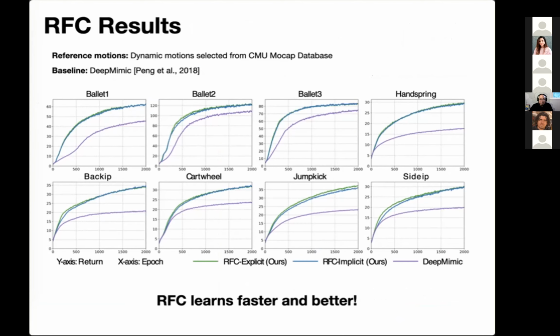The high-level result is that if you look at the reward on the x-axis against the number of epochs or iterations of reinforcement learning, you'll see that our RFC models obtain more reward much faster than a model that doesn't have it. I'm probably not going to get to the third one, which I think is okay.